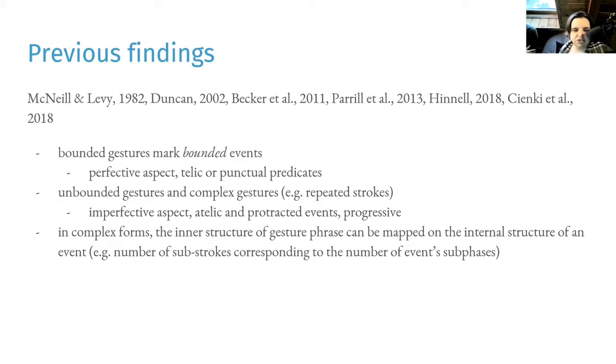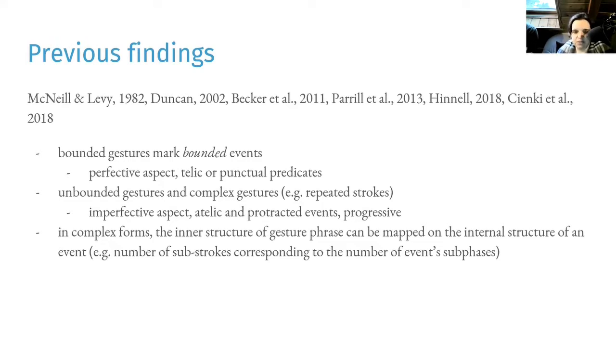First, bounded gestures mark bounded events, where bounded events refer either to perfective aspect forms or telic or punctual predicates. On the contrary, unbounded gestures and complex gestures, for instance, repeated strokes, accompany either imperfective aspectual forms or atelic and protracted events that take place over some time span, or the progressive forms.